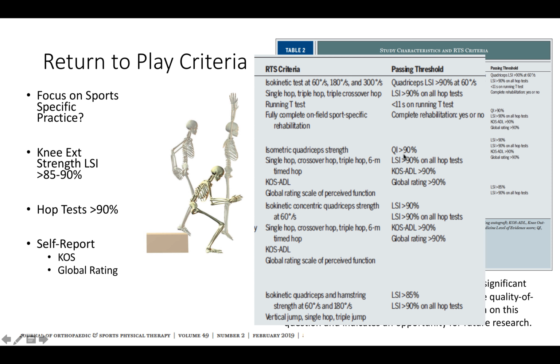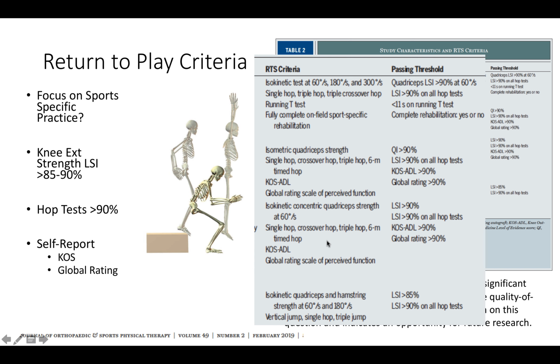Another, here we see the quadriceps index again, which is similar to the limb symmetry index, and then a hop test, a different patient-reported outcome, global rating, and again, isokinetic strength testing, hop tests, global rating, and knee outcome score. And so essentially these different criteria are what's used to guide return to play.